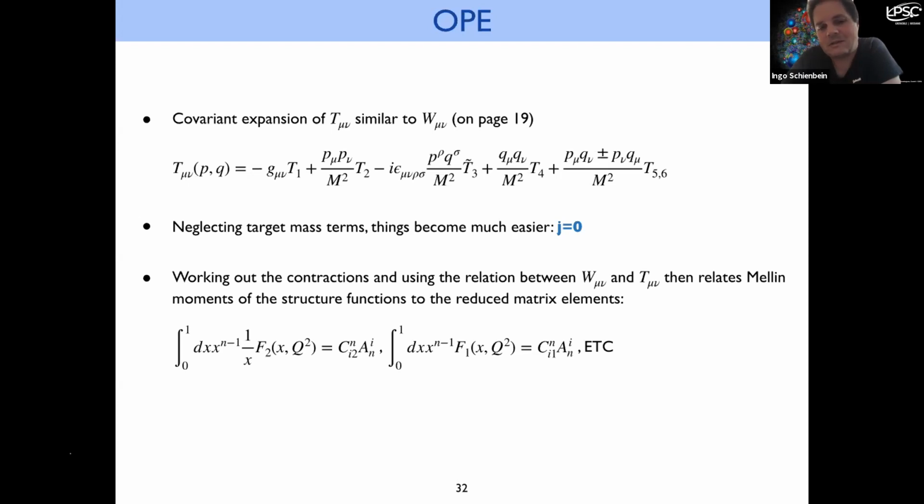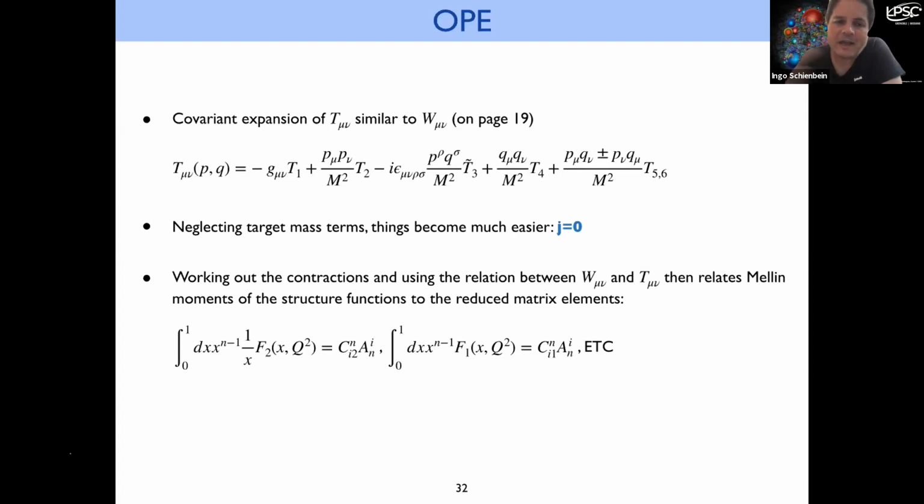It's a longer manipulation, over two pages in the textbooks. So the Mellin transform of the structure function comes out of the formalism. And then it turns out that it is related to the Mellin transform of the Wilson coefficient times the Mellin transform of the operator matrix element.